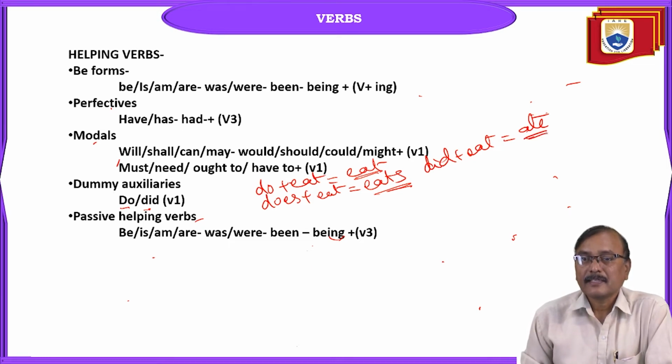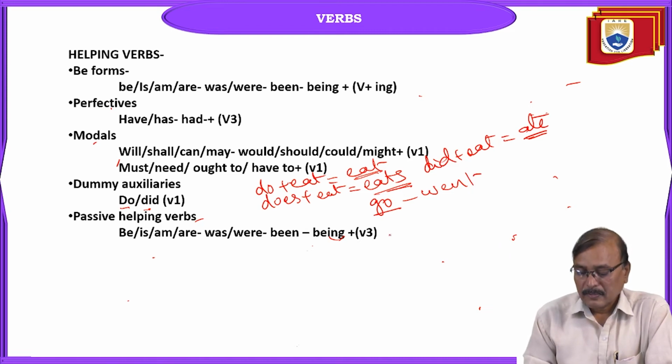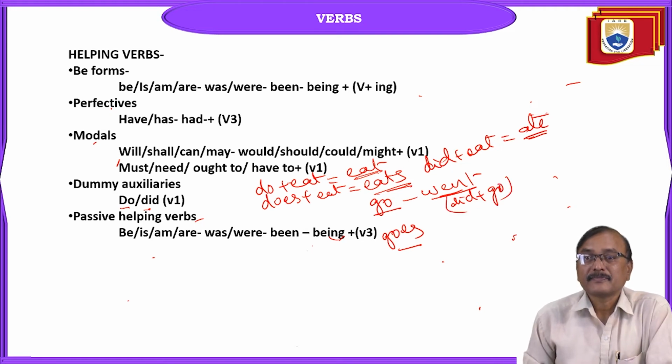In the same way, for example, go is the do form, went is the did form, and goes is the does form. So in this one we can say the helping verb did plus the main verb go. In this one, do plus go.